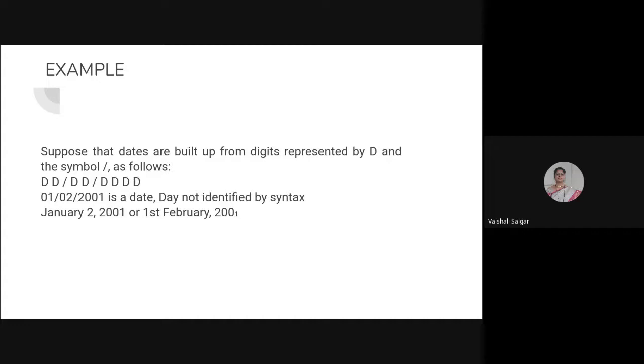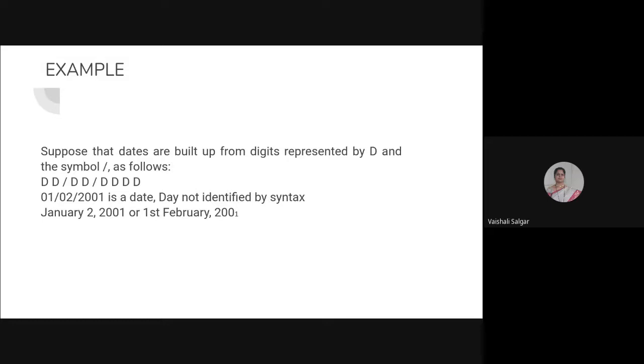But over here, this D indicates a digit, it's not month or anything. So depending on the meaning of this format, the language will recognize the date only if it recognizes that particular syntax. For that, I gave you an example of UK and US date formats.